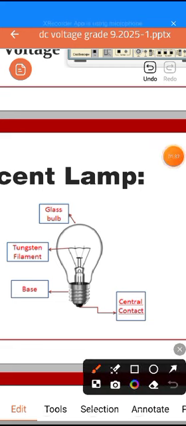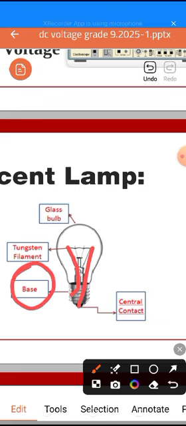The filament inside the lamp has two extremities. One extremity is connected to the base, the other to the central contact. That's why we have to connect the lamp from the terminals. So when electricity moves in the filament, it will heat up and emit light. That's how an incandescent lamp functions.